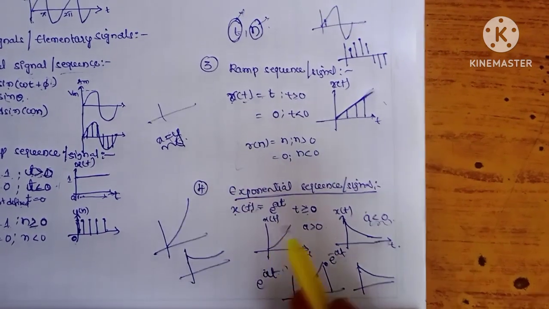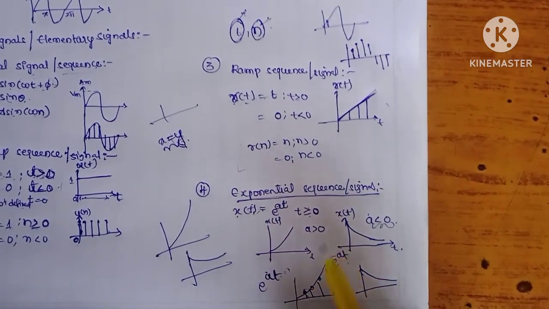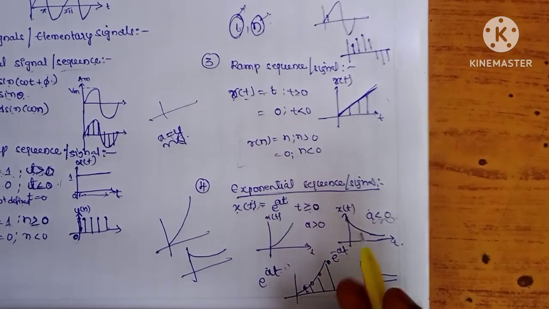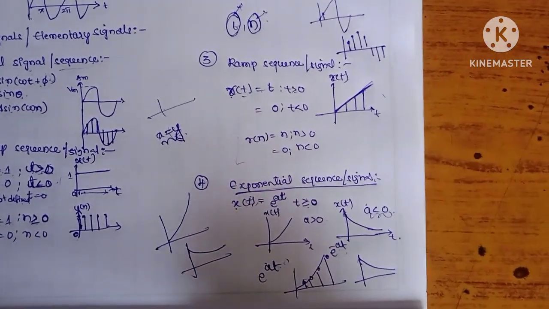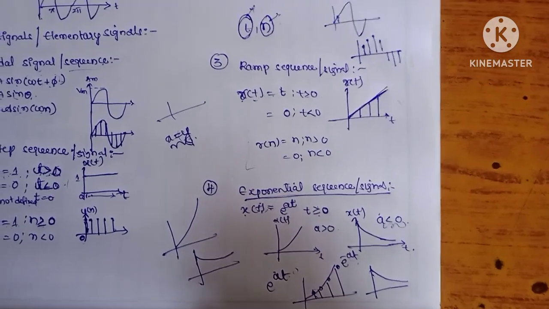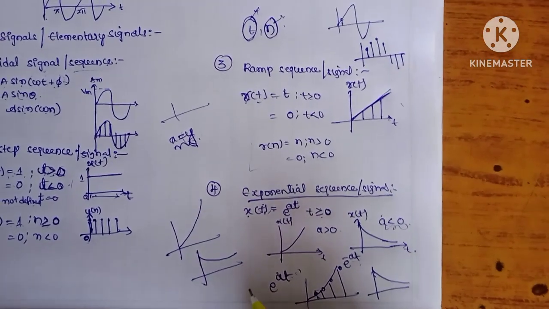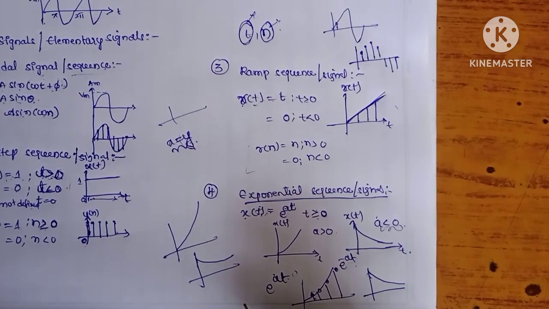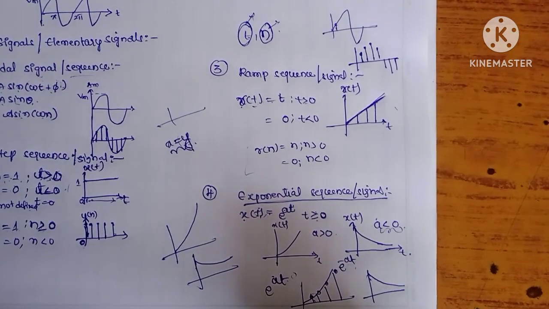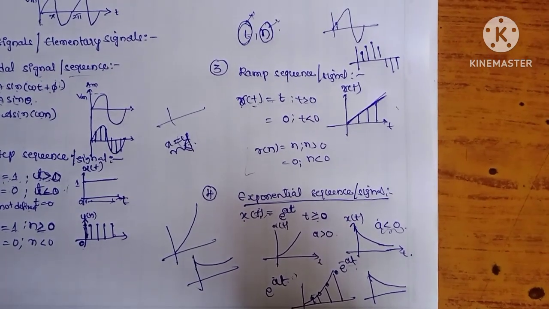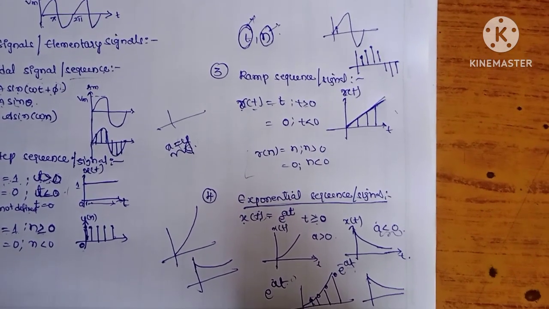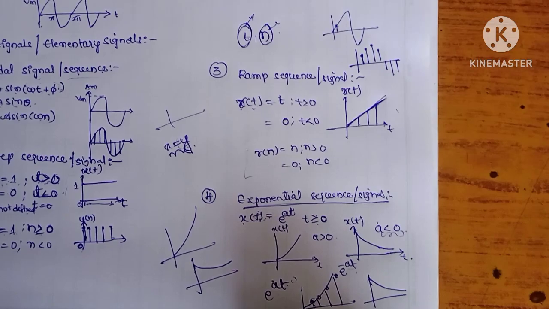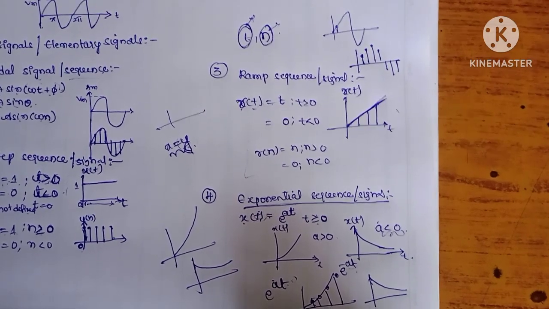We can create and play with signals in MATLAB, which is Matrix Lab. So this is about what a signal is, and the basic or elementary signals: sinusoidal, unit step, ramp and exponential. So this is today's class.